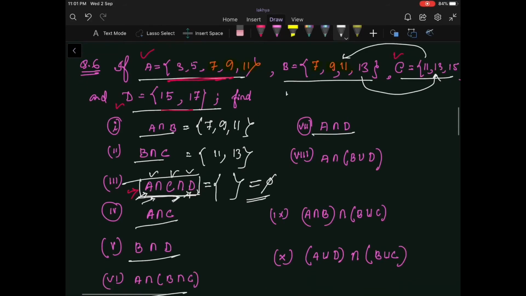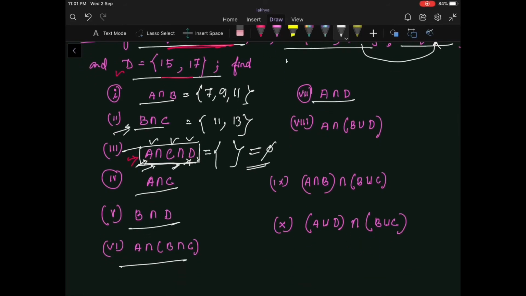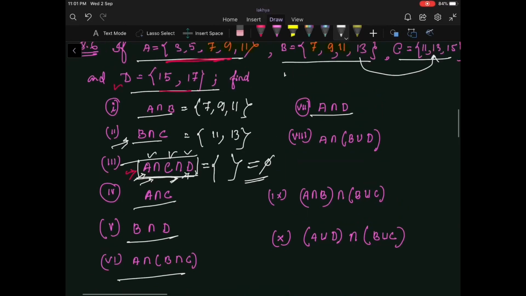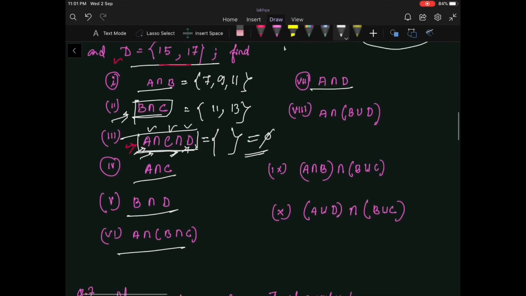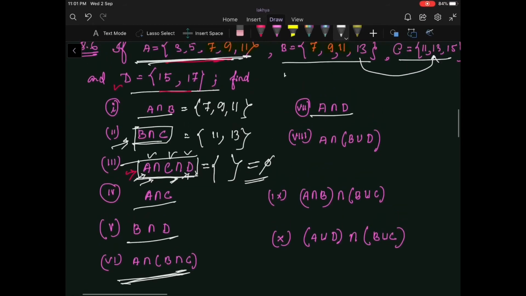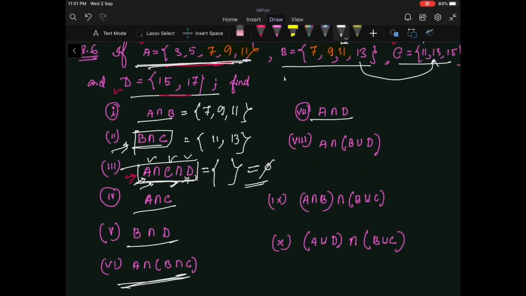We have already got B intersection C here. Here this is set A and this is B intersection C. In order to find this result, we need to find the common elements in set A and B intersection C. What are the common elements here?